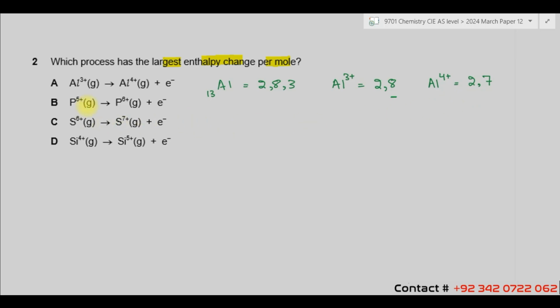Let's do the same for the others. So we have phosphorus. Phosphorus is 15, 2 in the first shell, 8 in the second shell, 5 in the third shell. Phosphorus 5 positive, P 5 positive, 5 electrons are lost, so we only have 2 shells. And P 6 positive, an electron is lost from the second shell.